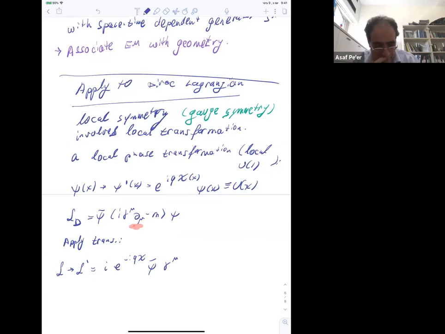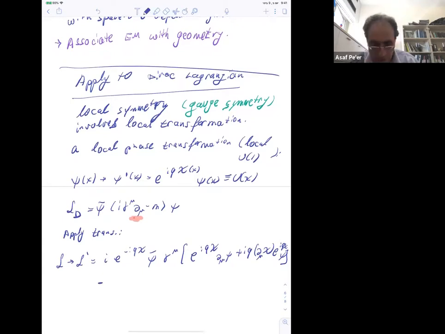Now I have d_mu psi, but psi goes to e^{iQχ} psi, so I have two terms. The one would be e^{iQχ} d_mu psi, and the second one would be plus i Q d_mu chi e^{iQχ} psi. Then the second term, the easy term, is minus m e^{-iQχ} psi bar e^{iQχ} psi.